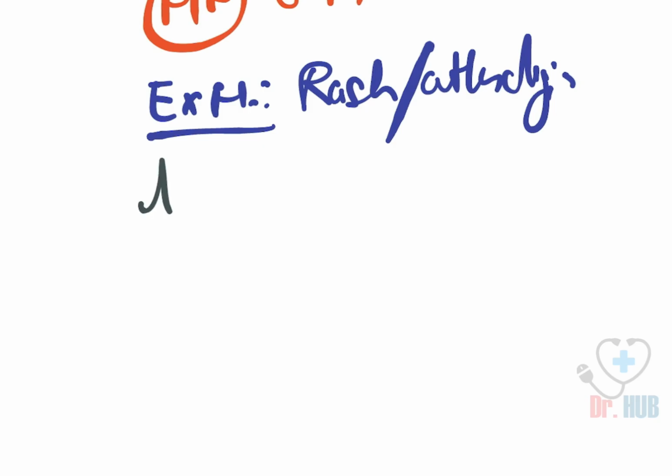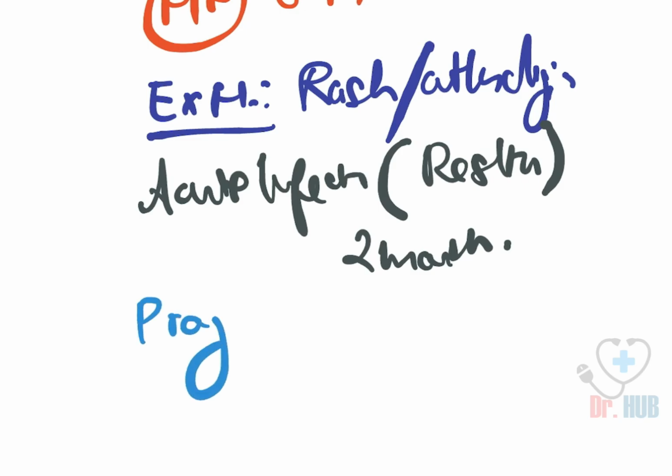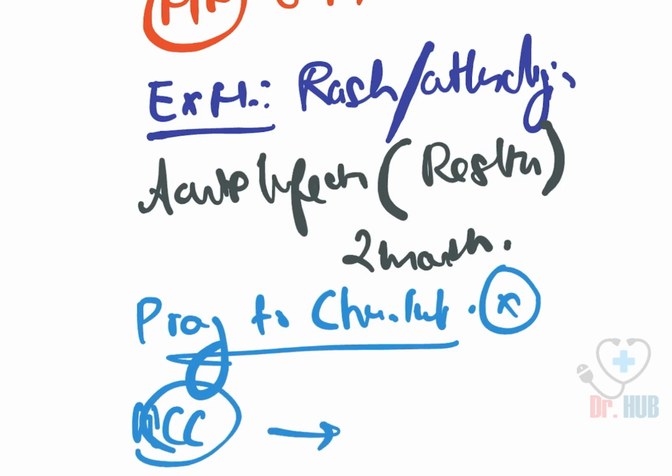So when does the resolution of the acute infection take place? Acute infection and its resolution occurs at 2 months. Next, we look at the progression to chronic infection. Does it occur? The answer is no. And looking at the HCC, it also doesn't occur.